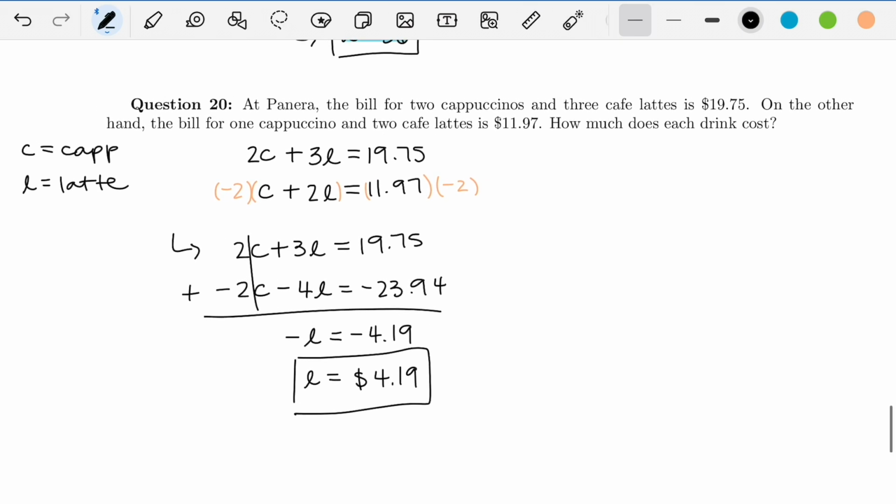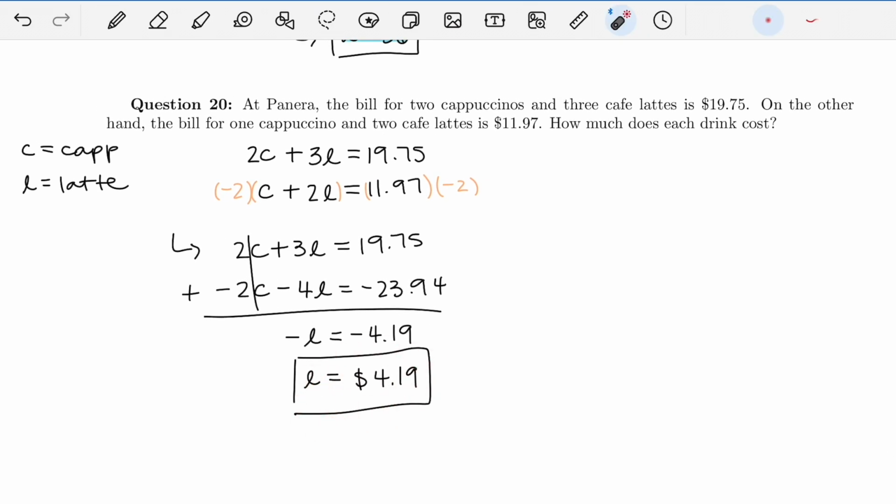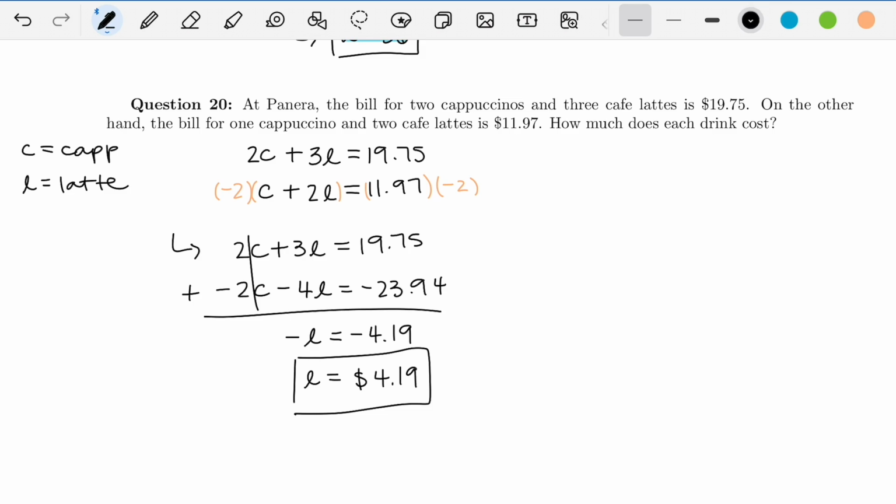Now, with this information, we'll just plug this directly into one of these equations and then solve for C. In this case, I'm going to plug it into the second equation here. So C plus 2L, and then L is 4.19, is going to be equal to 11.97.